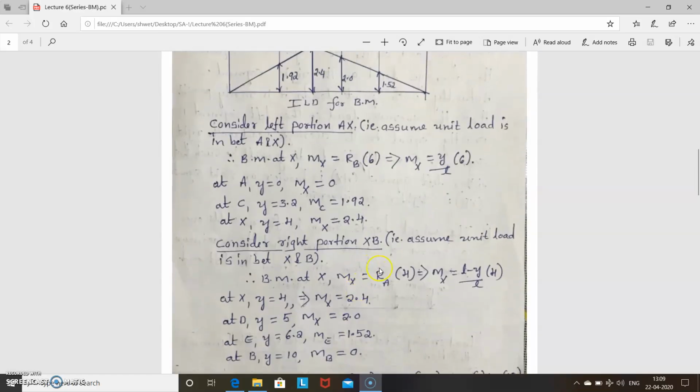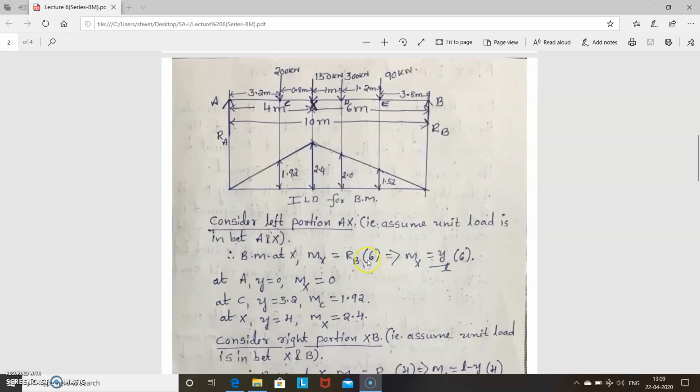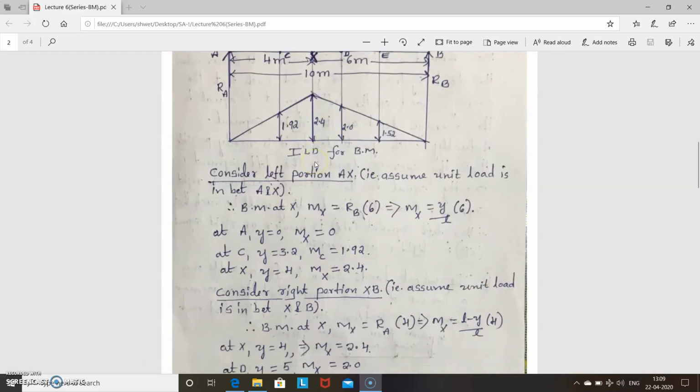So now you got all the values, ordinate ILD values. So draw that diagram. At A 0, and at C it is 1.92, at X 2.4. Left portion done. Next go to the right portion. At X it is 2.4.